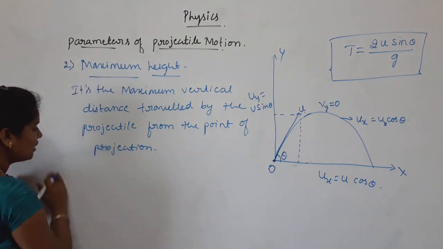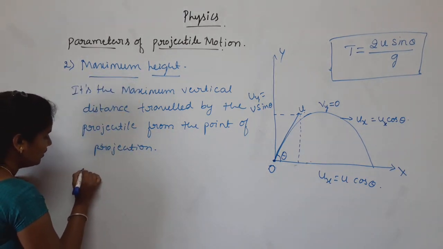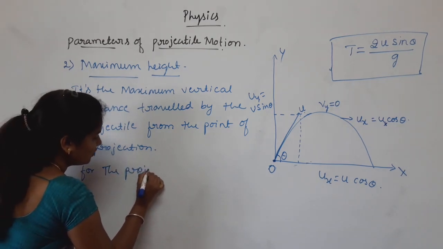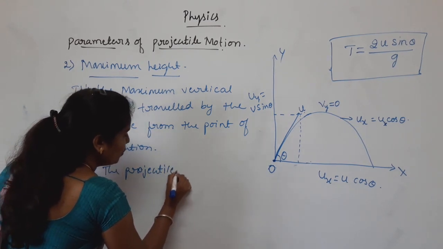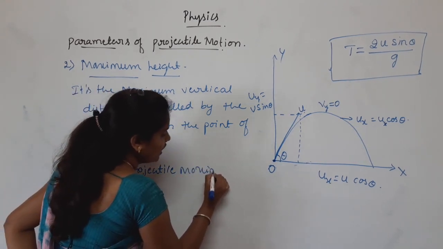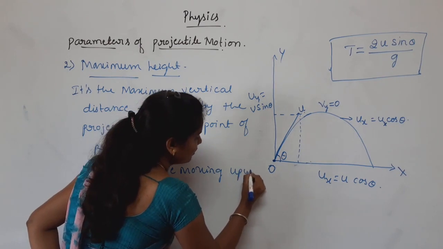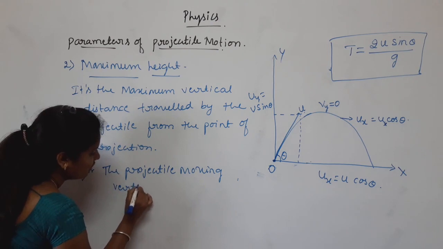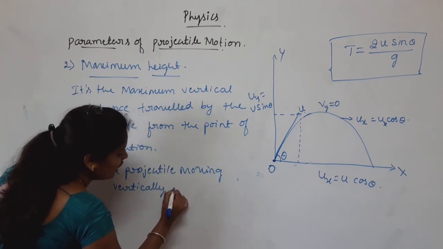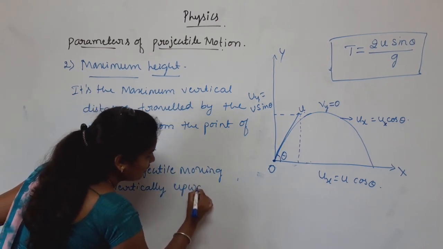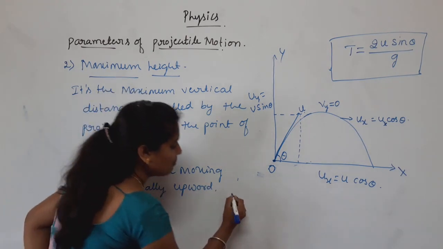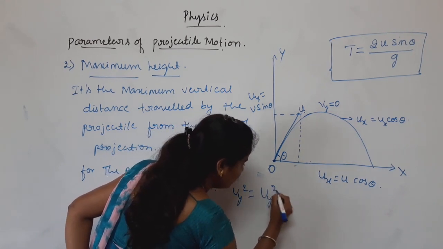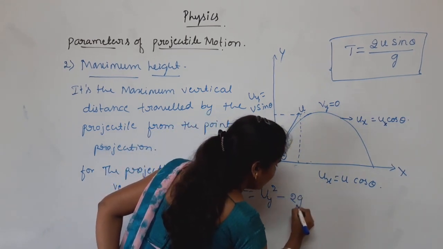In this equation, the projectile is moving in the upward direction, vertically upward, so the equation becomes Vy square is equal to Uy square minus 2gh.